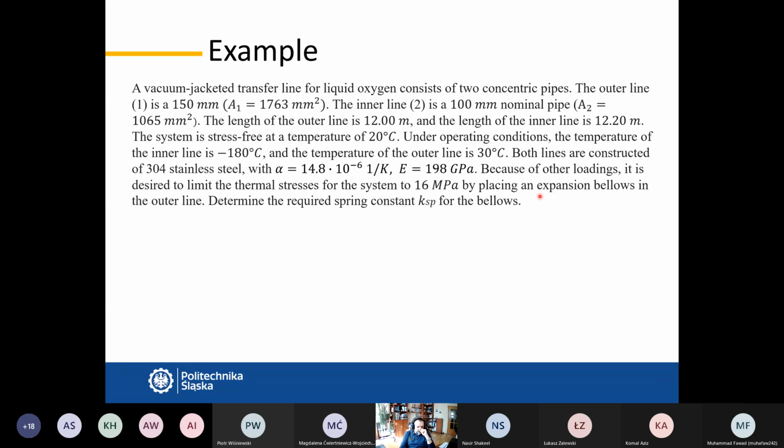Both lines are constructed of stainless steel with the same parameters as before. We want to limit the stresses in the system to 16 megapascals. So before it was 130 in the pipe. Now we don't want to have more than 16 megapascal.